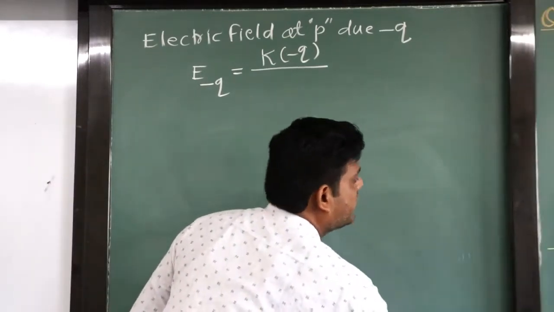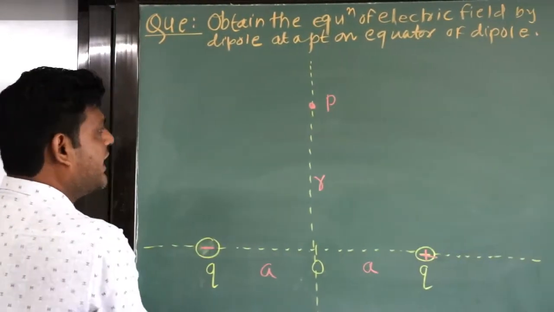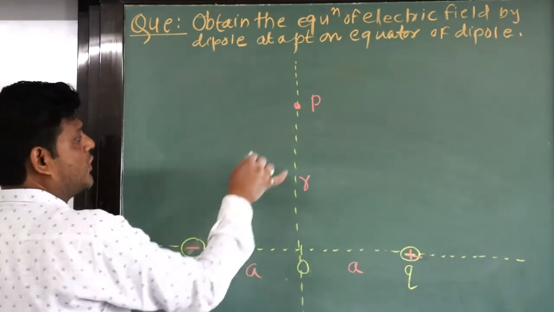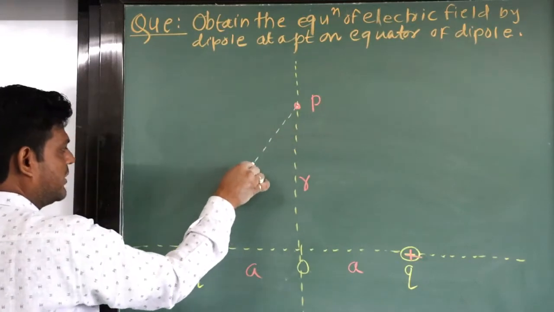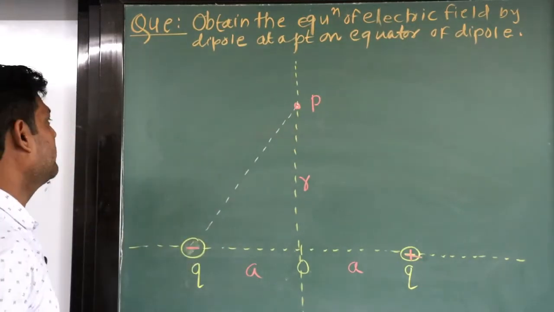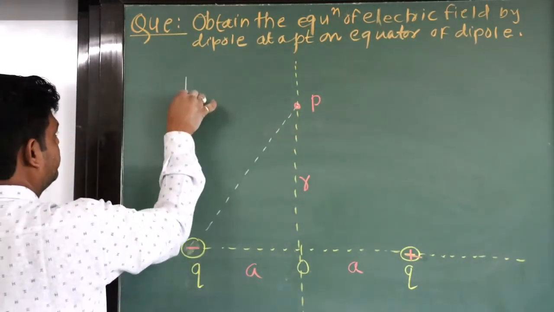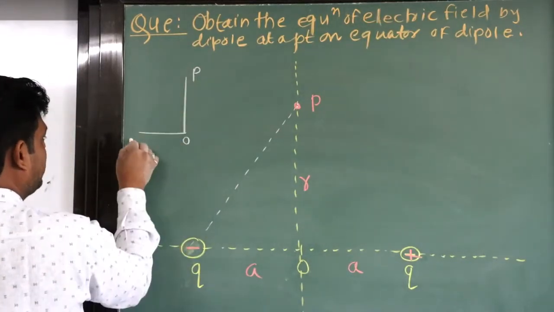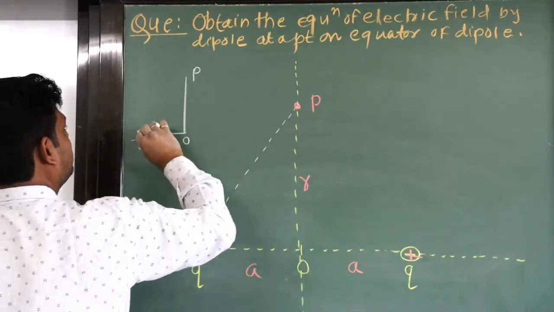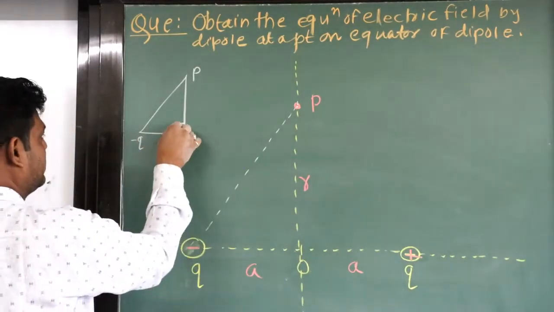See, in the diagram, we will require this diagram again and again. The distance of point P from the minus q we can calculate by the Pythagoras theorem. This is the O, this is point P, this is the minus q charge over here, right? The angle is 90 degrees.